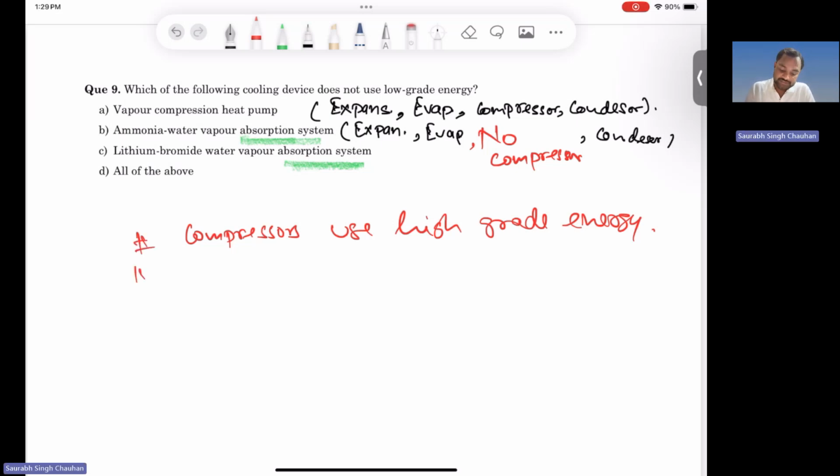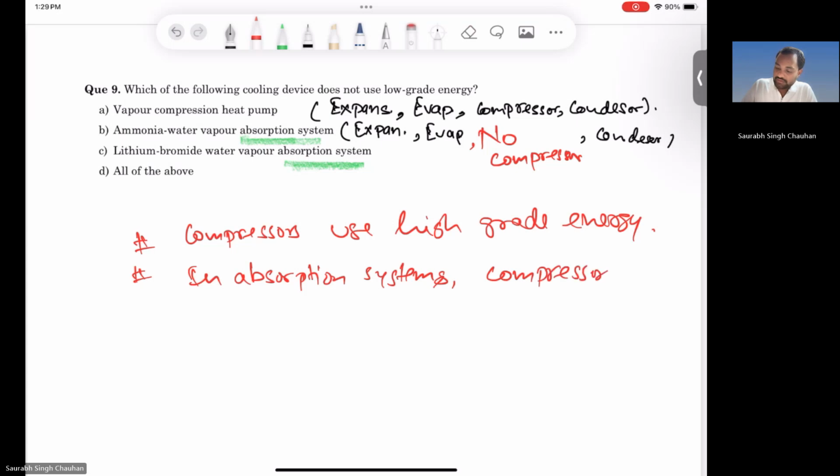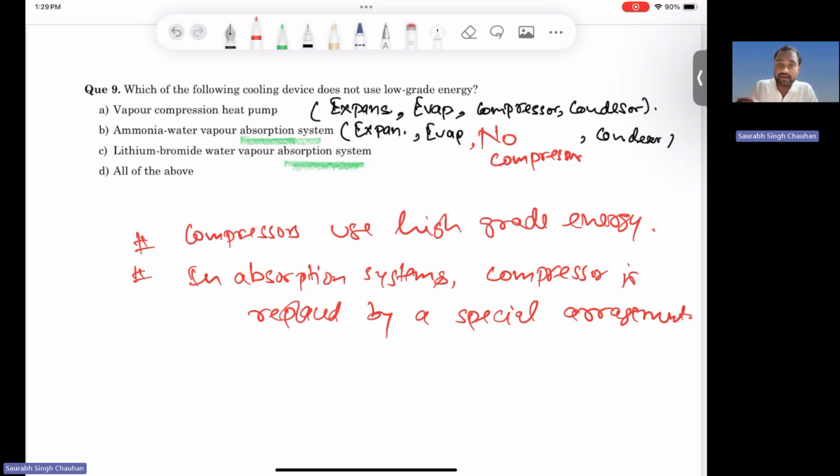So in absorption systems, the compressor is replaced by a special arrangement, and the purpose of that special arrangement is to provide high pressure refrigerant.